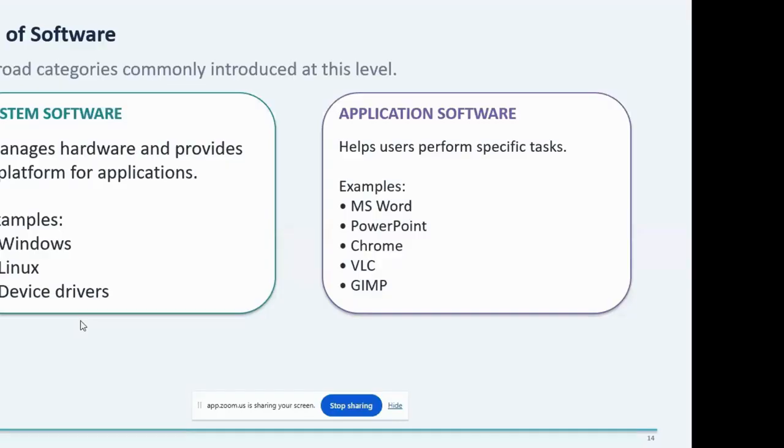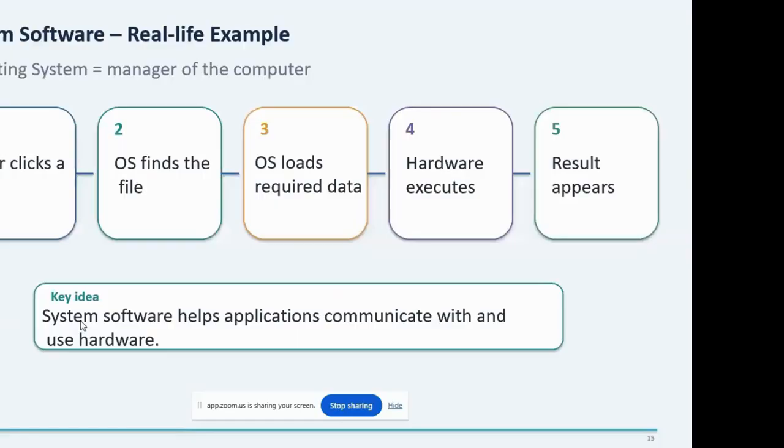Being in a grocery shop and in a bank, you cannot use the same software. The software needs to be customized according to your needs and mine. So this is called specific purpose software. This is about the types of software.